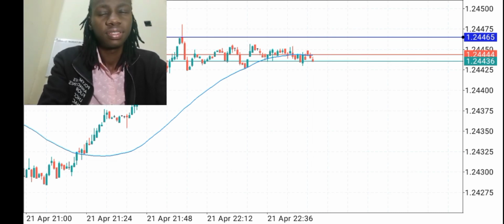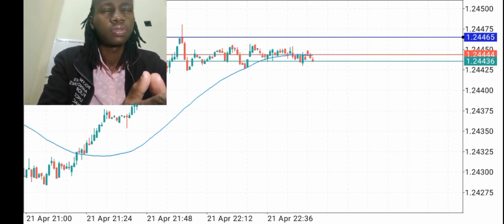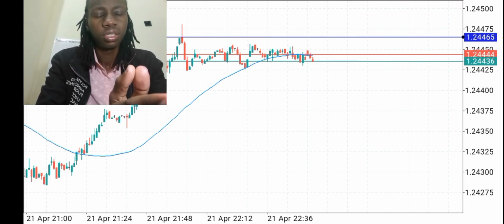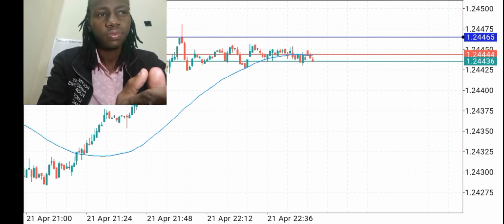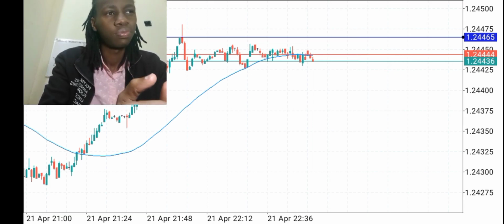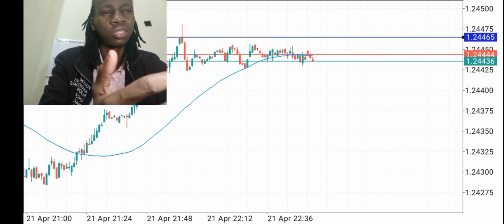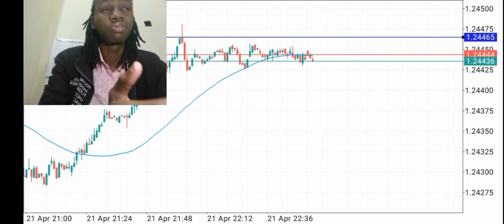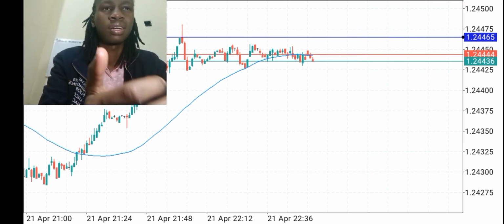Some brokers, these charts differ because of time, and also some brokers receive their charts way behind others. So it means there is a broker that will be way behind another, and it is very important to be with a broker that is right on time and is receiving all the information they are getting from the banks as early as possible.